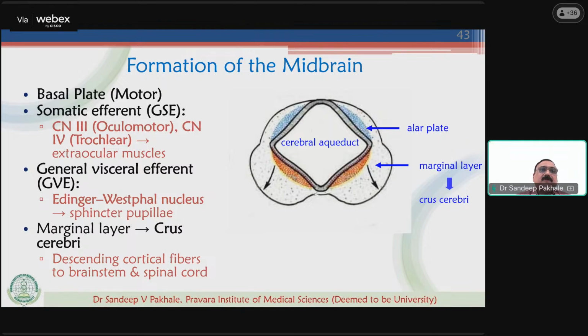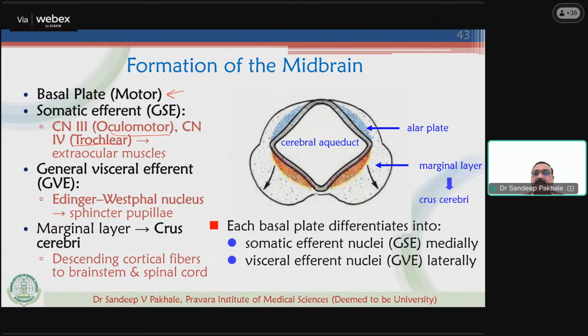Again, we have already discussed this column theory: from medial to lateral, the motor nuclei are the oculomotor nerve nucleus and trochlear nerve nucleus, which lie in the midbrain, supplying the extraocular muscles. Lateral to that, we have the general visceral efferent Edinger-Westphal nucleus supplying the sphincter pupillae, and the marginal layer, that is the crus cerebri, carrying descending cortical fibers to the brainstem and spinal cord.